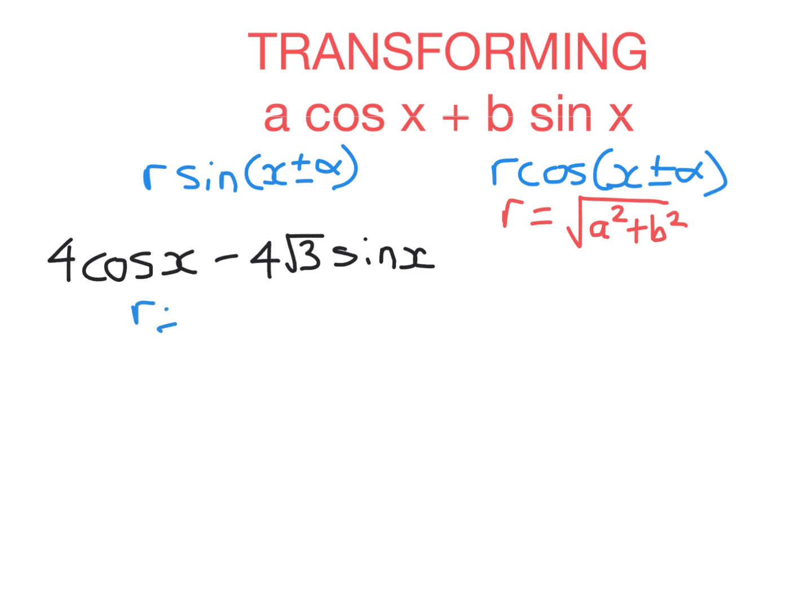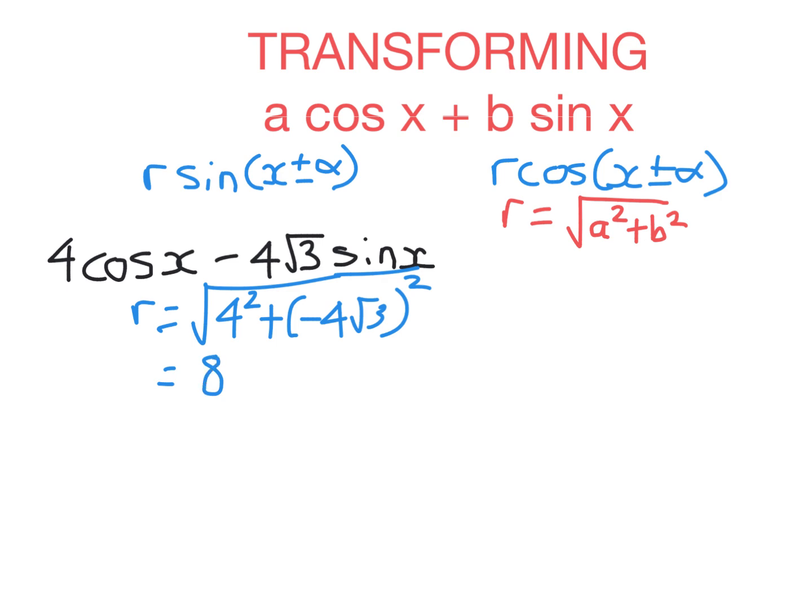So r will just be the square root of 4 squared plus negative 4 root 3 squared. Of course 4 squared is 16. This squared is 48. So r will be the square root of 64, which is 8. We always take a positive value here for r.